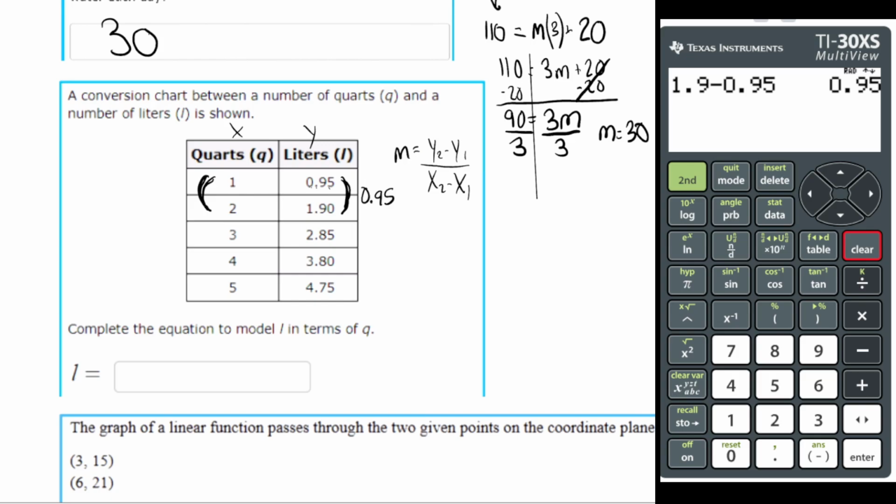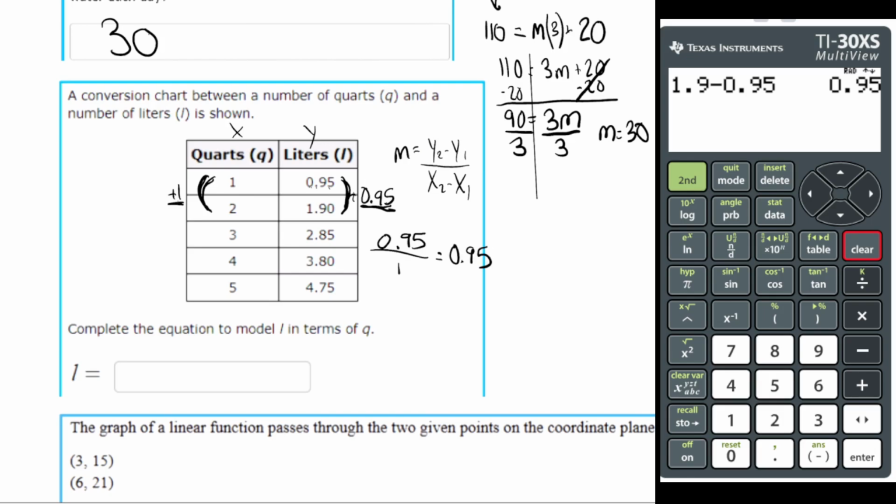Then you subtract 2 and 1. 2 minus 1 is positive 1. Okay? And then you take your change in y, which is 0.95, and you put it over your change in x, which is 1, and you divide. Anything over 1 is itself, so you get 0.95.